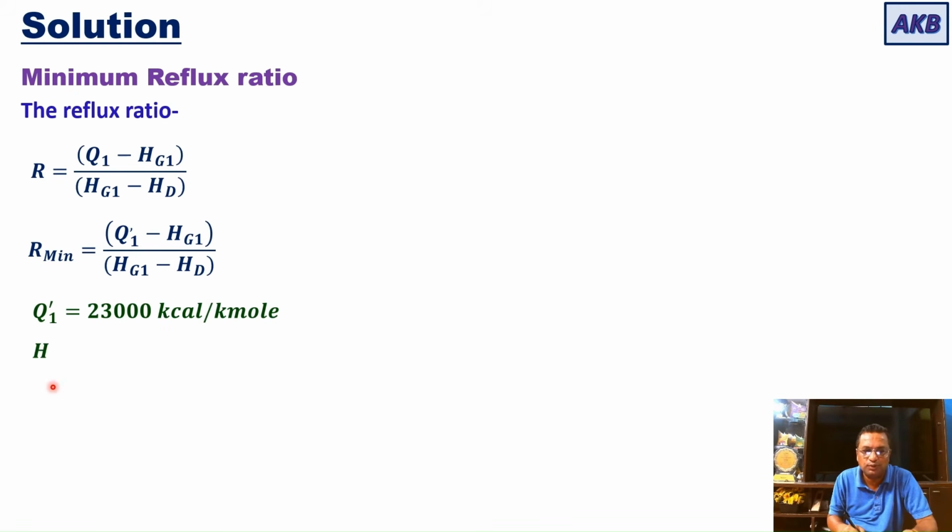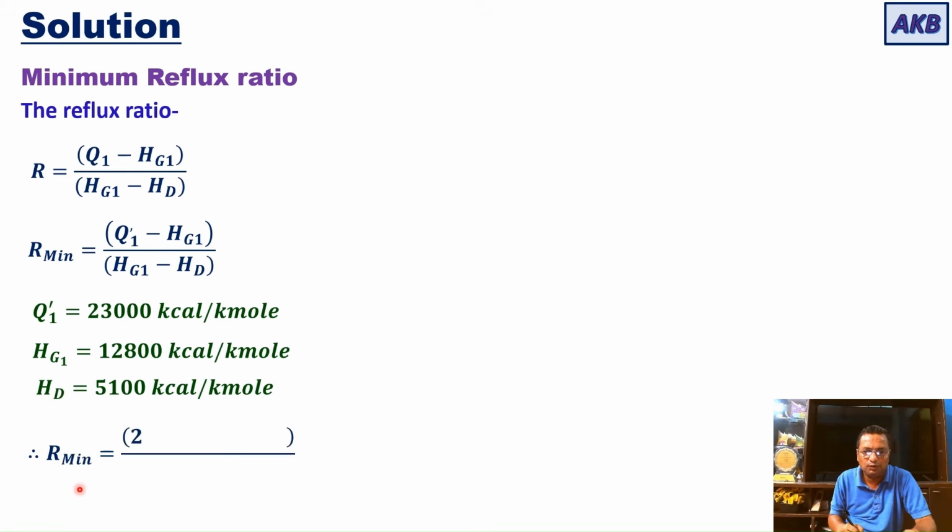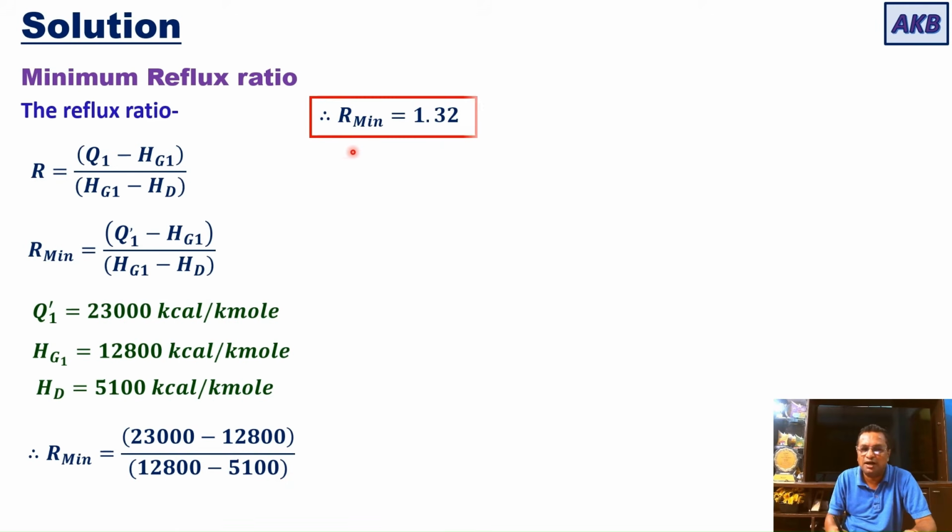Hg1, previously we got as 12,800 kilocalories per kilomole. And Hd is 5,100 kilocalorie per kilomole. So R minimum will be equal to 23,000 minus 12,800 divided by 12,800 minus 5,100. That gives us R minimum as 1.82.